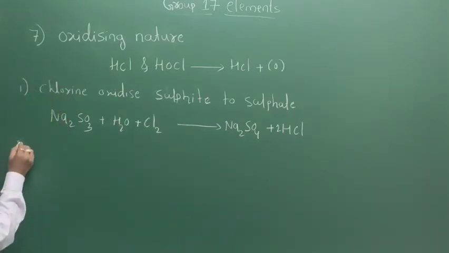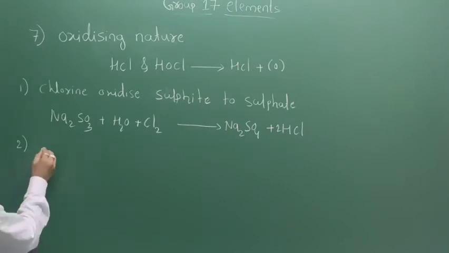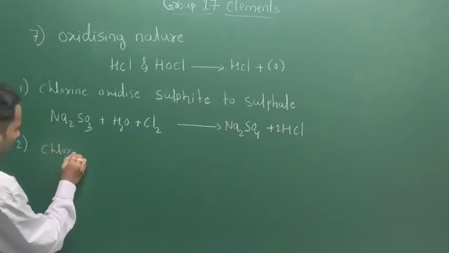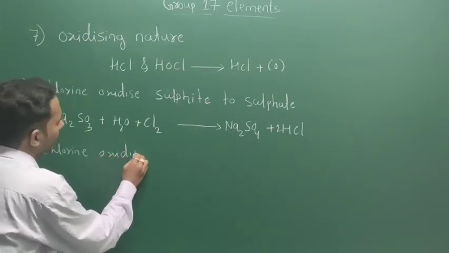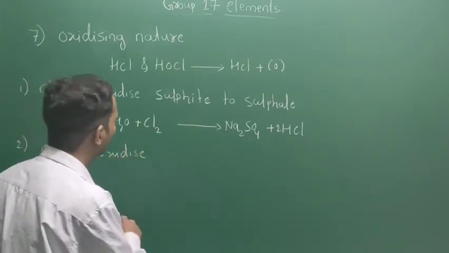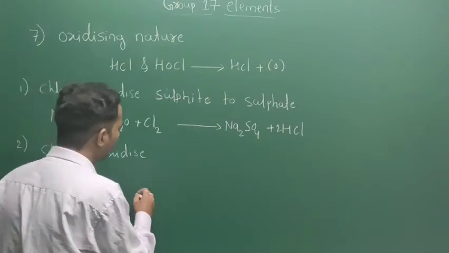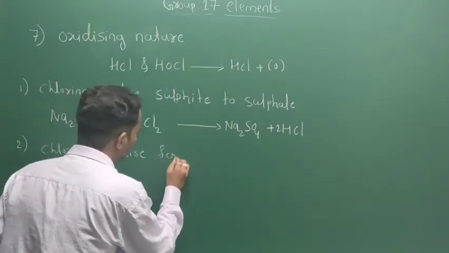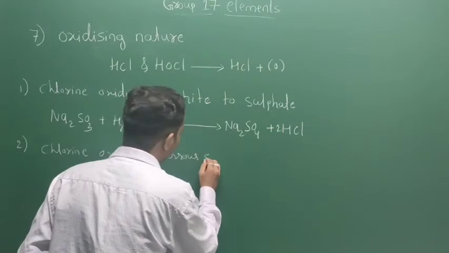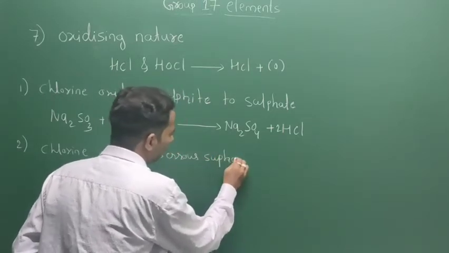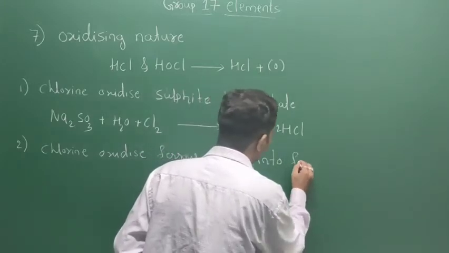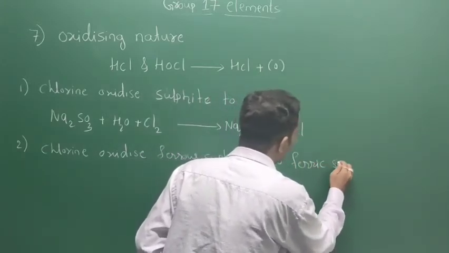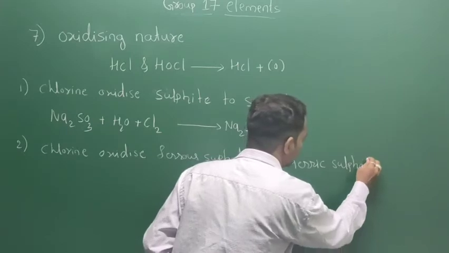So next, second example, chlorine oxidizes ferrous sulfate into ferric sulfate.